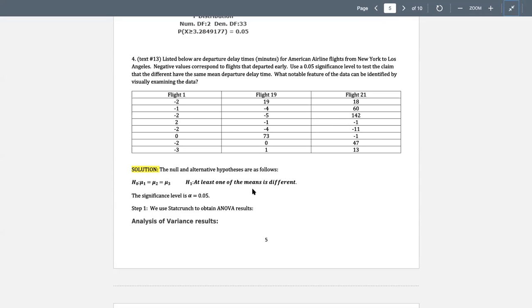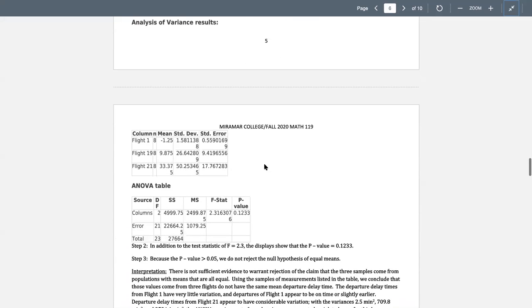And again, the degrees of freedom depend upon the number of flights for the numerator, and for the denominator, we'll compute it based on both the number of flights and the number of samples in each of these 3 populations, okay?